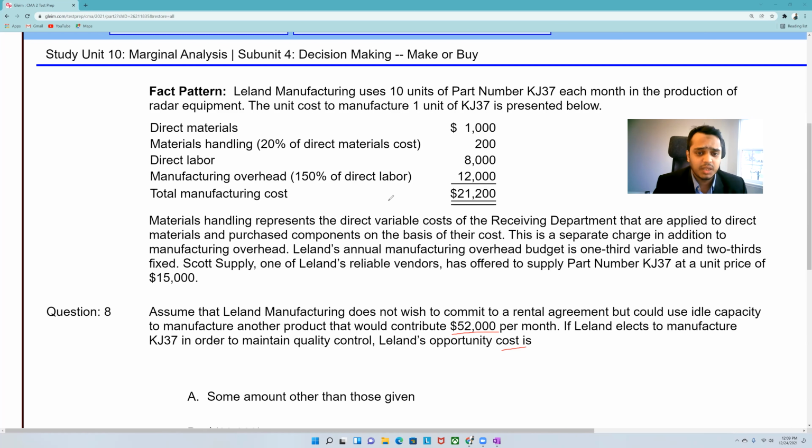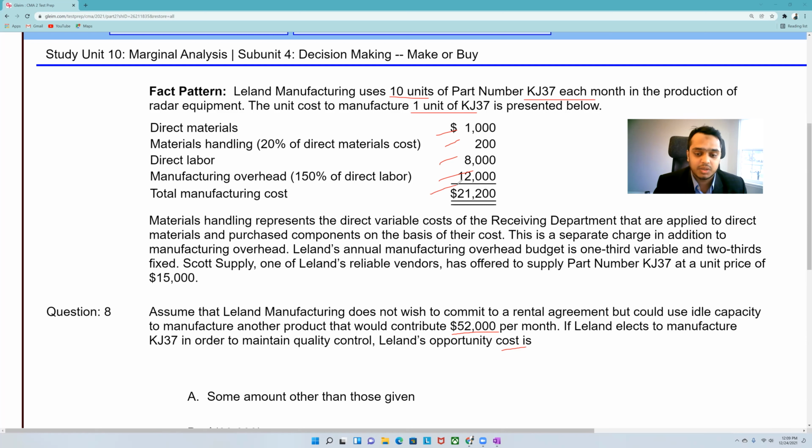Now, Leland manufactures 10 units of part KJ37 each month for the production of radar equipment. The unit cost of manufacturing 1 unit of KJ37 is presented below. Materials $1,000, material handling $200, direct labor $8,000, and manufacturing overhead $12,000.